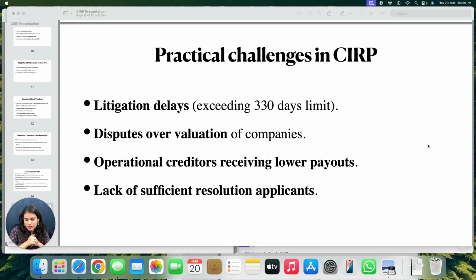Operational creditors receiving lower payout. Operational creditors are not given a very active role even during the process, and subsequently they cannot voice their opinion, and they're not even receiving higher payouts, despite the fact that operational creditors are sometimes small time vendors who are unable to sustain their businesses after such setbacks.